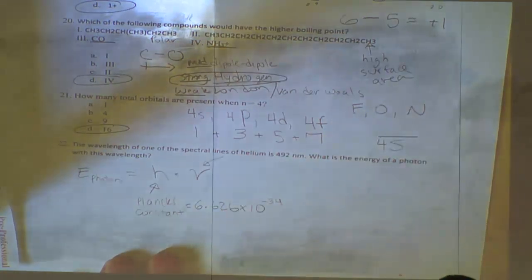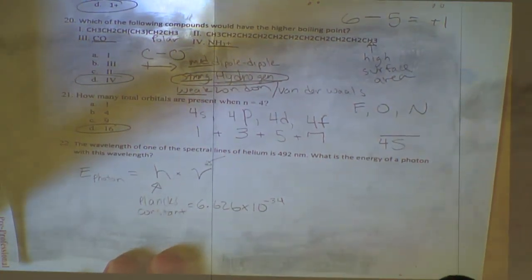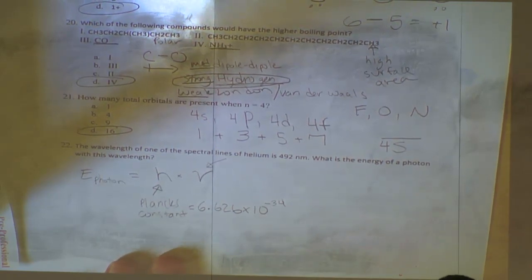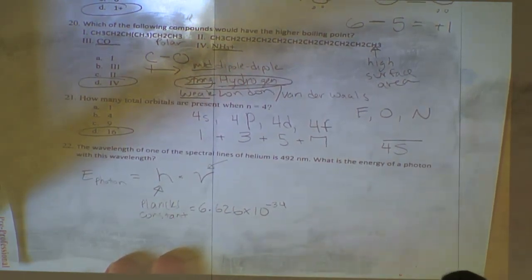And nu. What's another word for nu? We have wavelength, and then we have what? What's the other thing that a wave can have? That's not wavelength, it's frequency. There you go. So that essentially tells you the frequency. But do they tell us the frequency in this problem? What do they tell us? The wavelength.